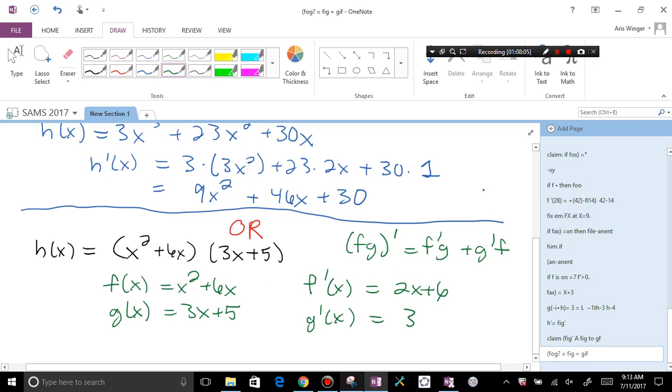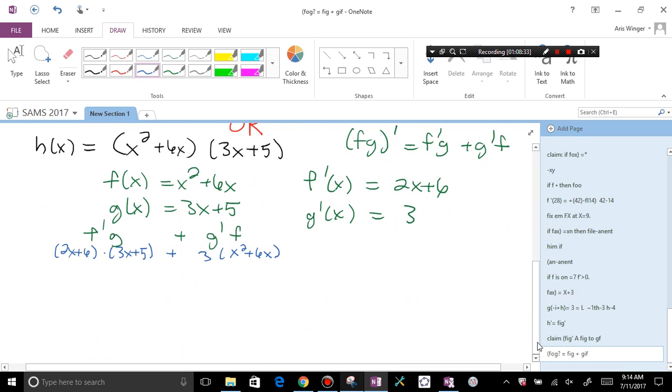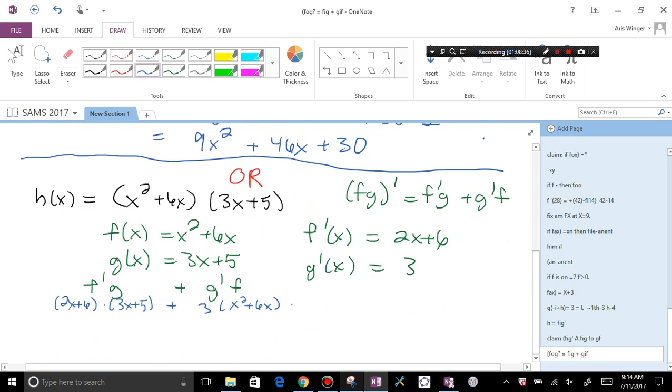It's like cross multiplying. f prime times g plus g prime times f. f prime is 2x plus 6 times g, which is 3x plus 5, plus g prime, which is 3, times x squared plus 6x. And of course, these are supposed to be the same if you simplify.